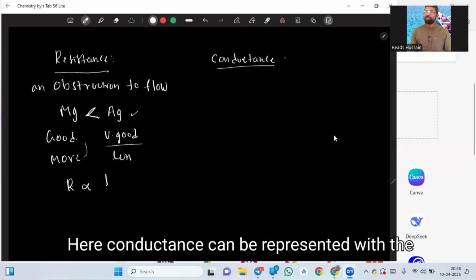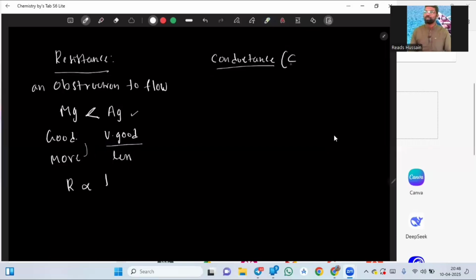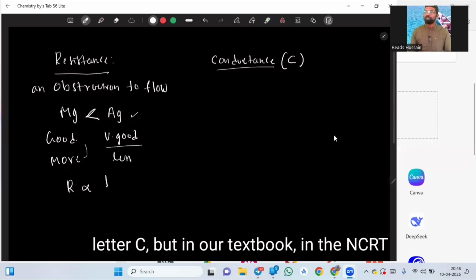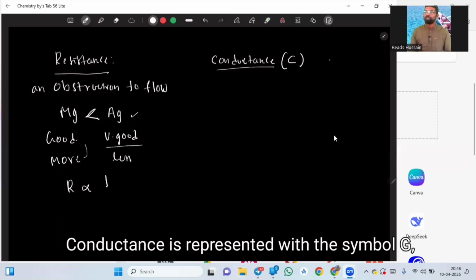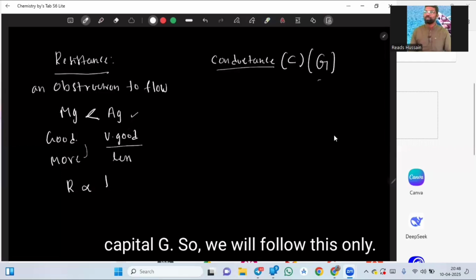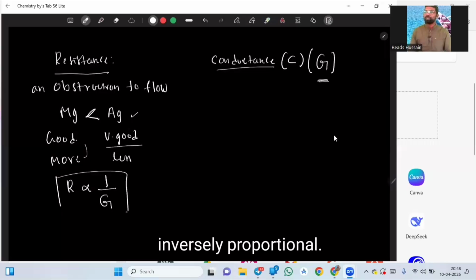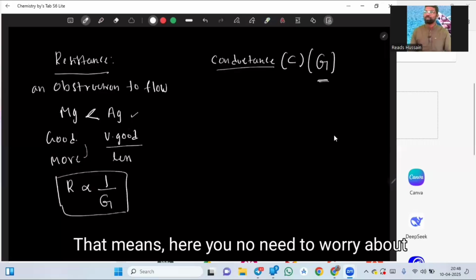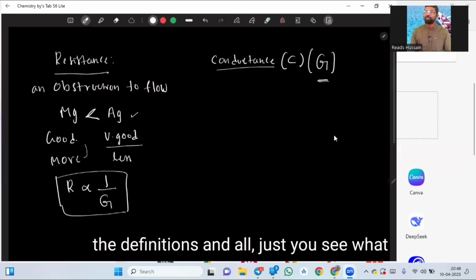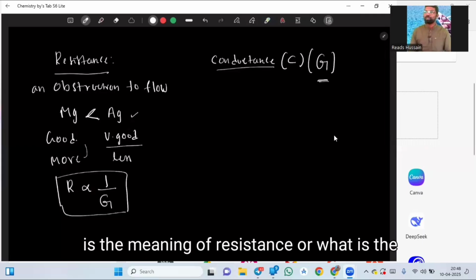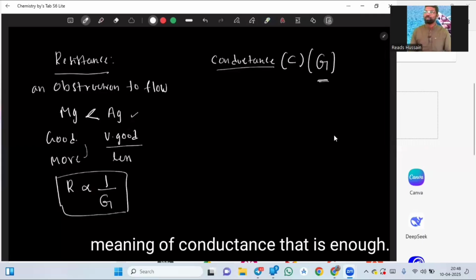Here conductance can be represented with the letter C, but in the NCERT textbook, conductance is represented with the symbol capital G. So we will follow this only. You need not worry about the definitions. Just see what is the meaning of resistance and what is the meaning of conductance, that's enough.